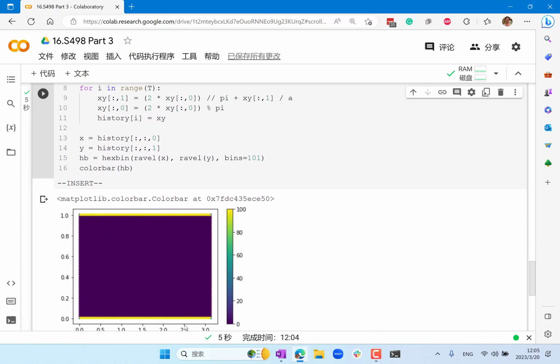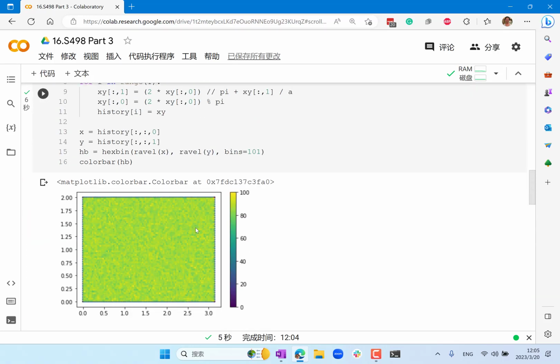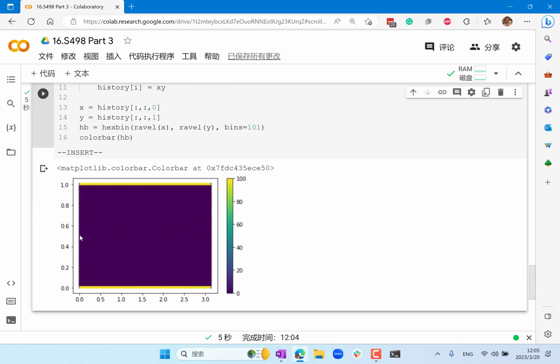They're basically having these two lines, but then I forget the previous one, right? So essentially what we get is just the two lines. So by changing a, we can go smoothly from a two-dimensional ergodic distribution to an almost one-dimensional ergodic distribution.